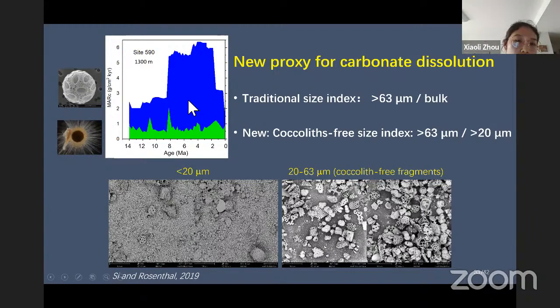So most of the sediment is coccoliths. So we have to remove the coccoliths before we use the proxy. So Weiming developed or improved this proxy by removing coccoliths. It's called the coccolith-free size index. So he calculated the larger than 63 micron over the larger than 20 micrometer fractions. And this can also be observed under the SEM photos. So this is for the coccoliths, and this is mostly coccolith-free fragments.